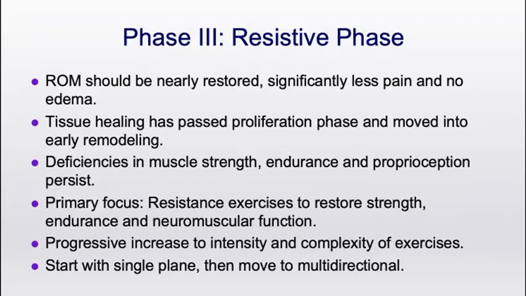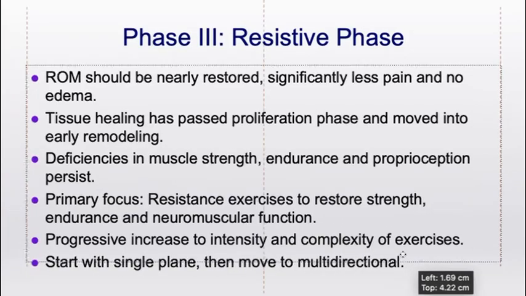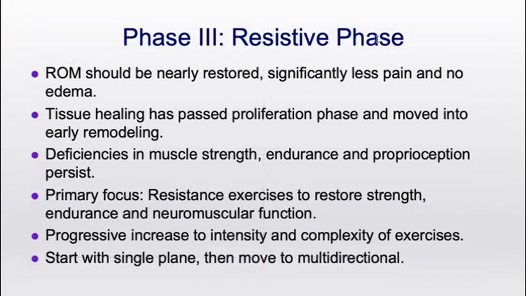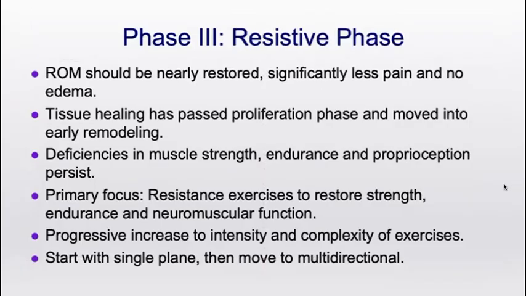You're quite certain that you're not going to injure the person with a lot of exercise and rehab, so you start to introduce it aggressively within the resistive phase. These exercises, again, should start with the single plane of motion, not multi-directional. A lot of times, what differentiates the resistive phase from the advanced phase is that these exercises might not be exactly functional to what they want to do.